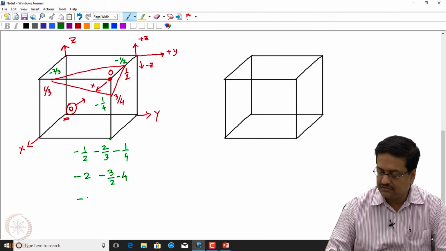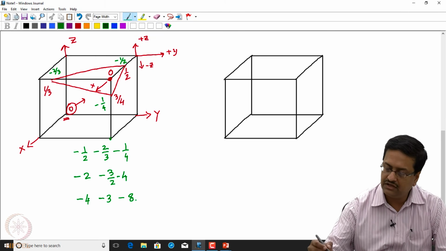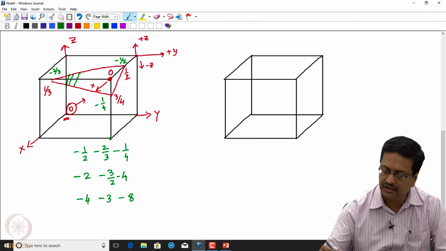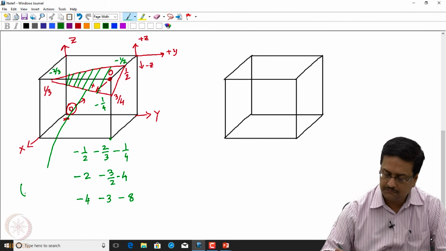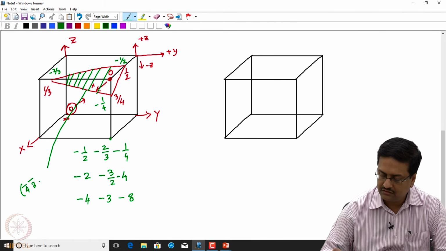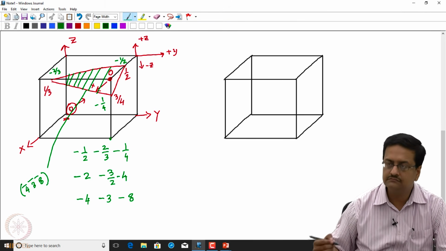So it is minus 4, minus 3, minus 8. So the Miller indices for that particular plane becomes 4 bar, 3 bar, 8 bar.